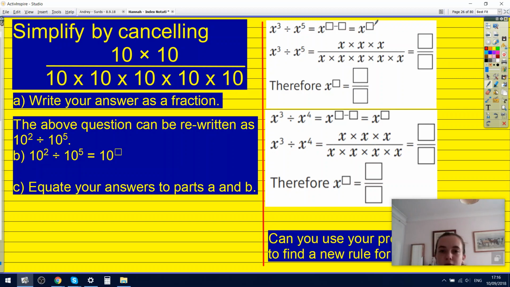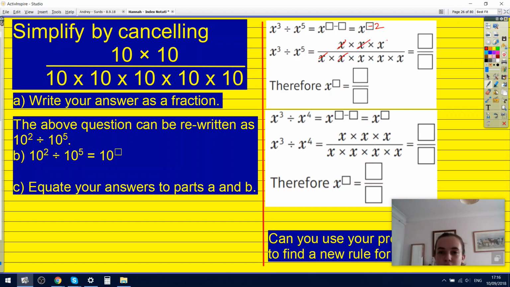Oh, minus 2. Yeah, so it's x to the minus 2. And then they wrote it a different way. 3 x's are on the top, 5 x's are on the bottom. What is x divided by x? That's 1. Yeah, any number divided by itself is 1.